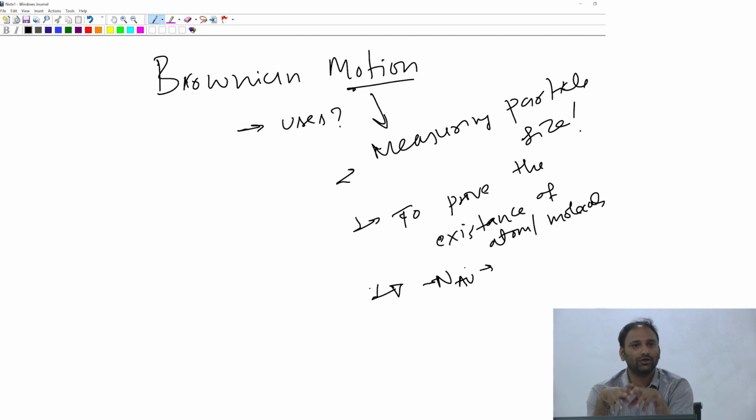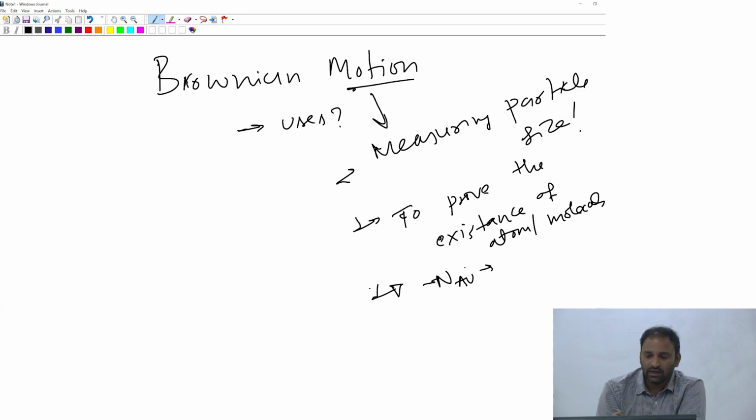We know that 1 mole of any substance has 6.023 into 10 power 23 atoms or molecules. One of the proofs for the calculation of Avogadro number came from measuring Brownian motion. It was a French scientist, John Perrin.